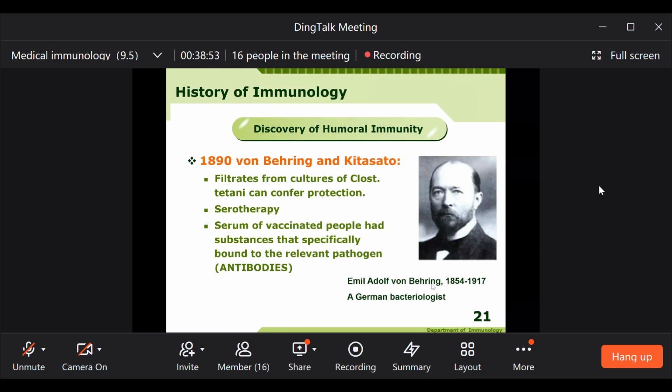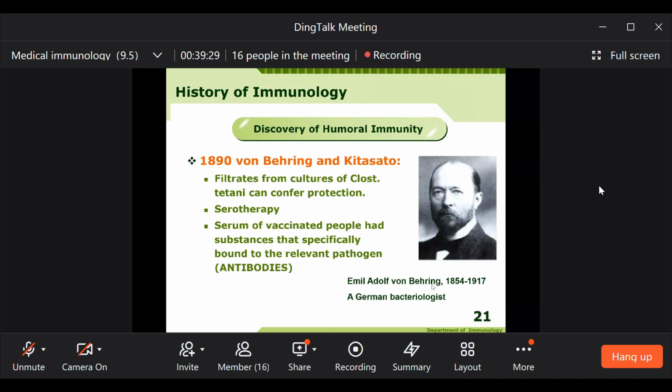In 1890, Behring and his friend Kitasato reported that antitoxins from cultures of tetanus can confer protection.